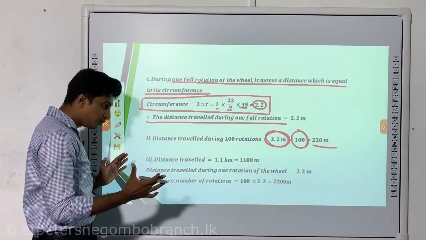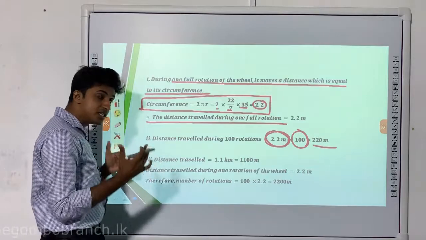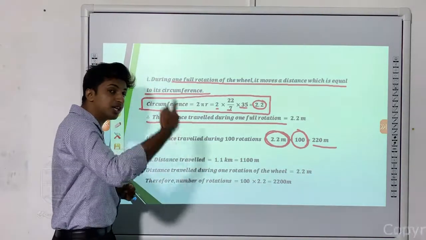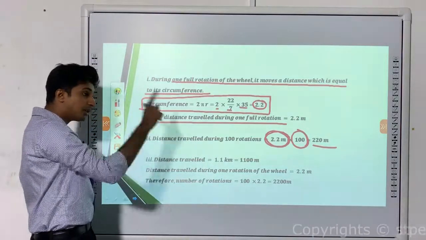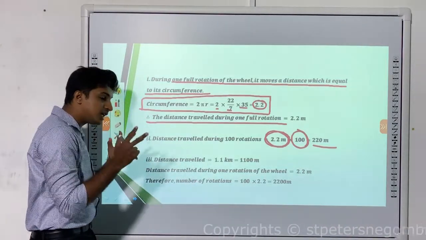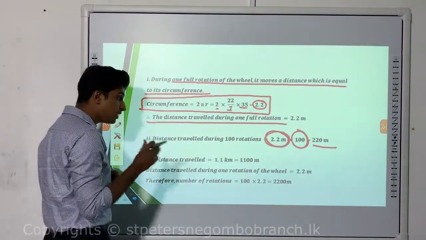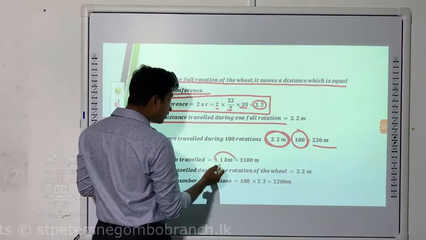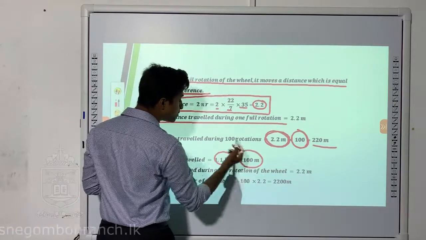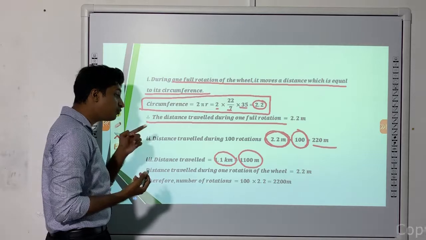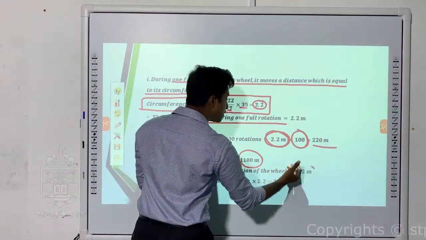Now they are asking, if the wheel travels a distance of 1.1 kilometers, how many rotations has it undergone? Now, these answers I have found in meters, so we have to check. For 1.1 kilometers, the wheel has to travel 1100 meters. The distance traveled during one rotation of the wheel is 2.2.